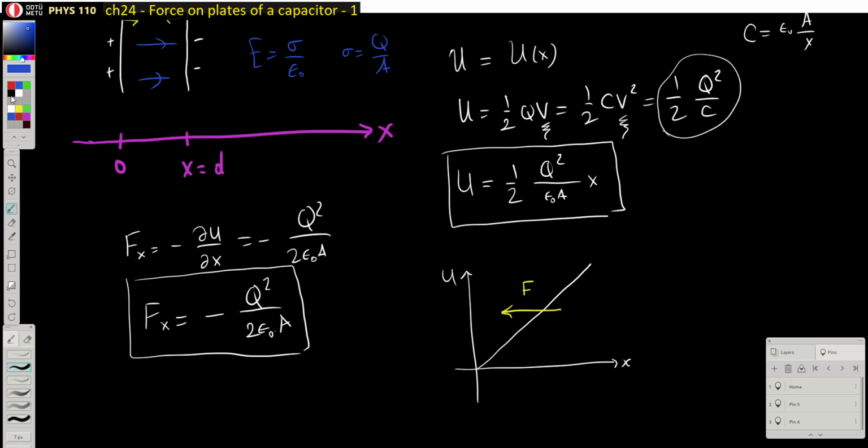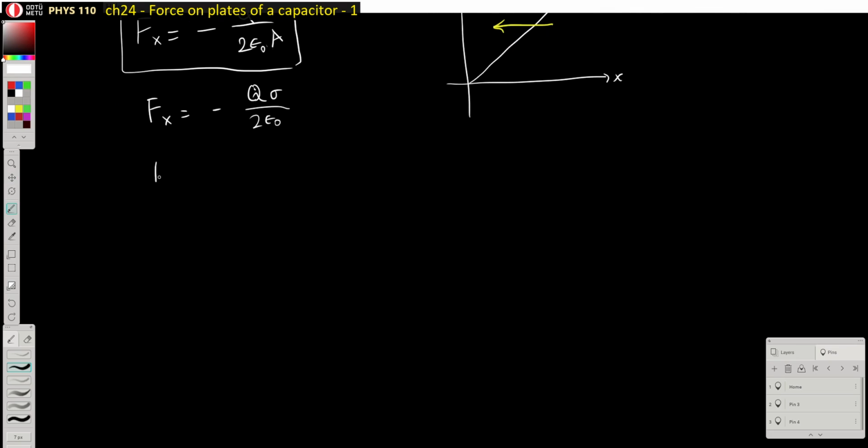So if I do this, the force expression becomes minus Q sigma divided by 2 epsilon 0. And now sigma divided by epsilon 0 is the electric field. So therefore the force is equal to minus 1/2 Q times the electric field.